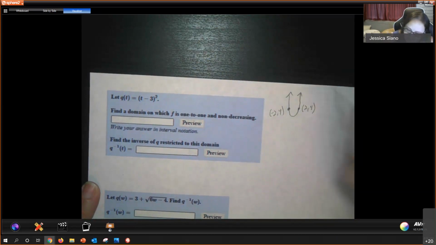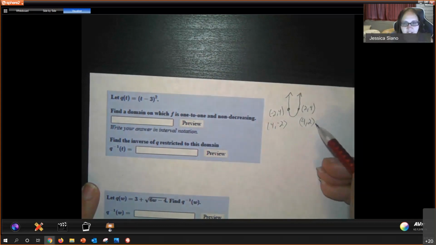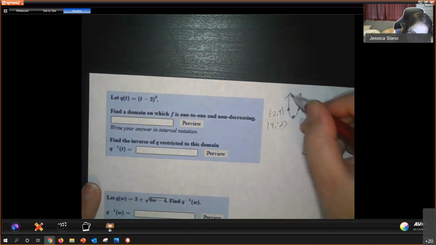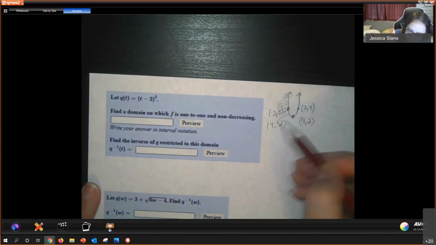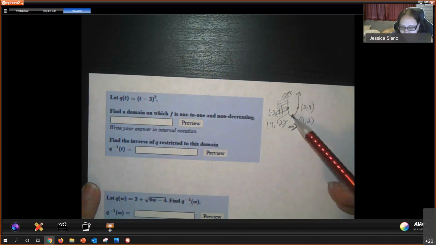So again, when I swap my x's and y's, I would have 4, 2 and 4, -2, and now all of a sudden I'm looking at a graph that's not a function. So what we usually do with quadratics is we find the vertex and limit the domain so that we only are looking at the right half of the parabola. Because once we cut the parabola in half, now we're looking at a function that is one-to-one. And only one-to-one functions have inverses.